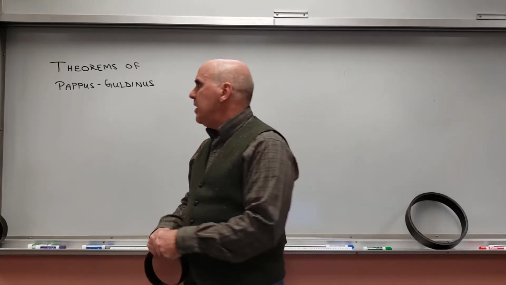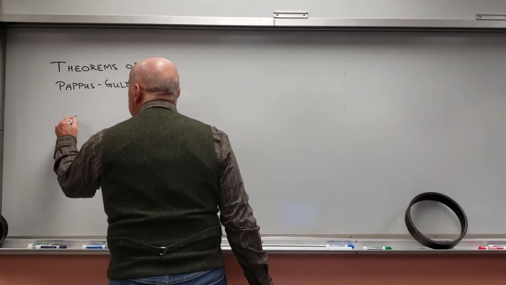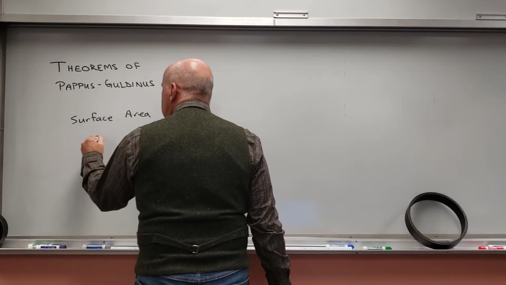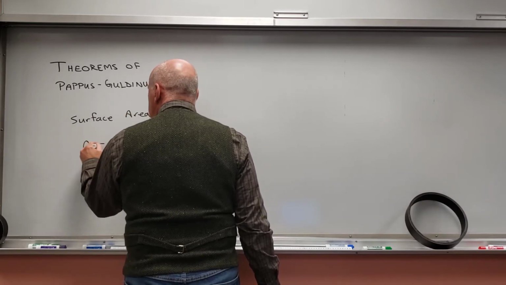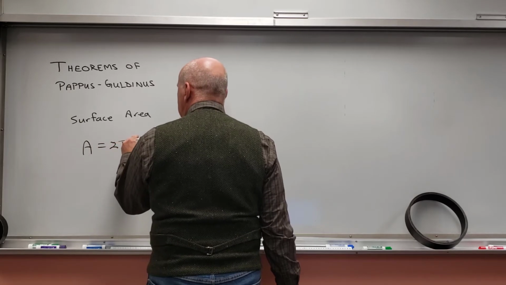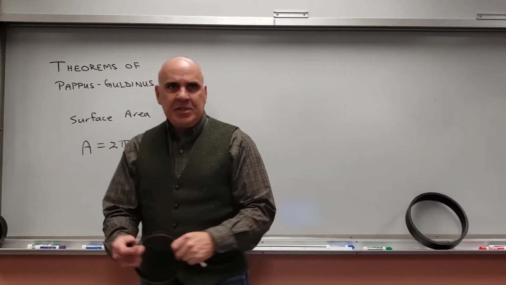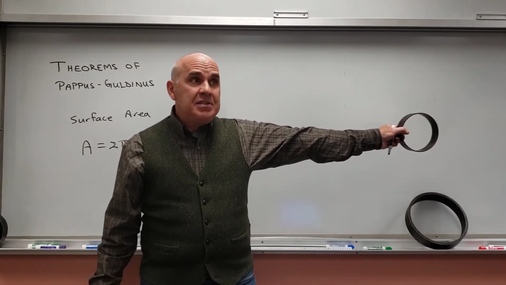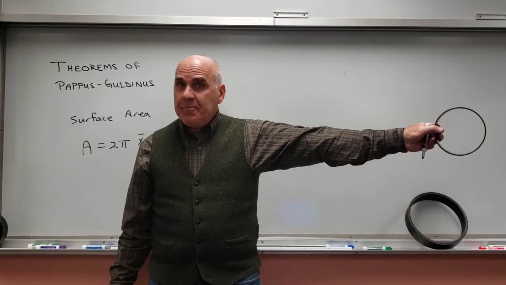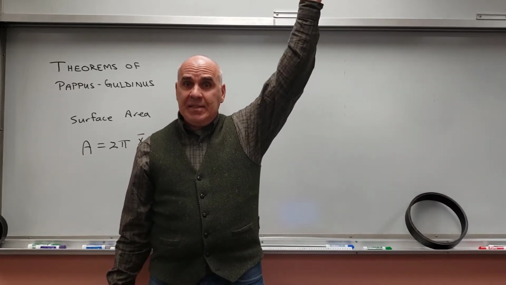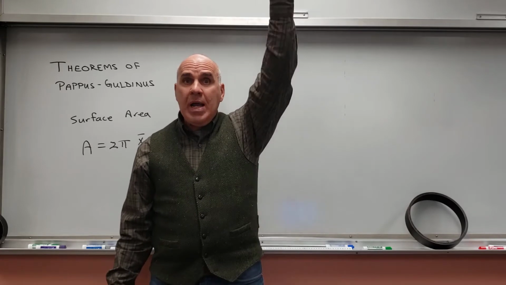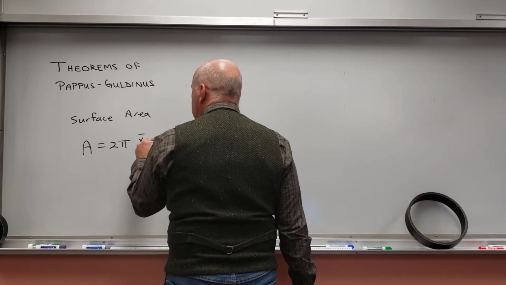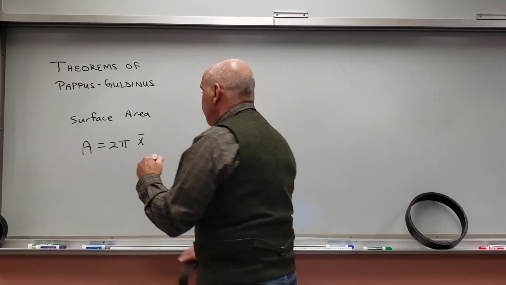But in general, the surface area is equal to 2 pi times the centroid. I'm going to put x bar. If I'm rotating around the y-axis, it's the x position of the centroid. If I'm rotating around the x-axis, then it's the y position of the centroid. So 2 pi x bar times the length of the curve.